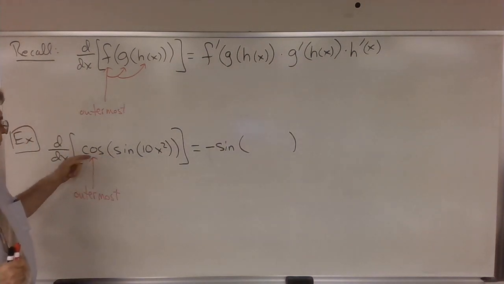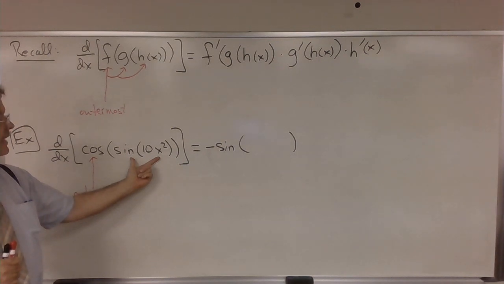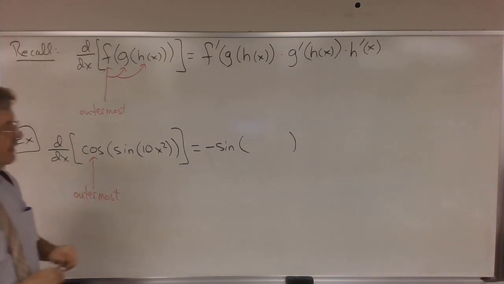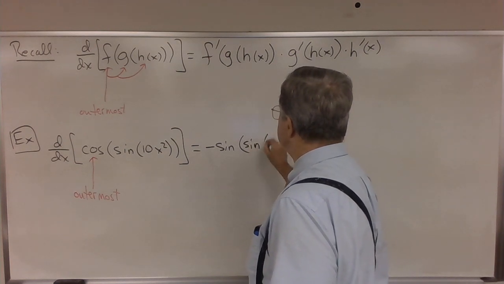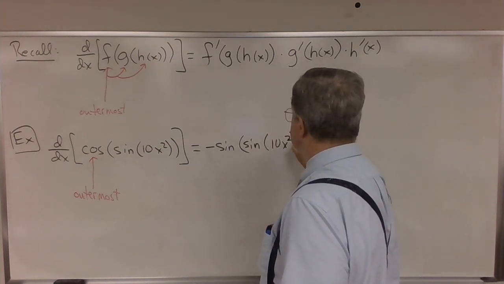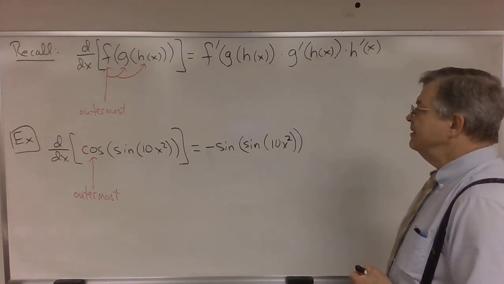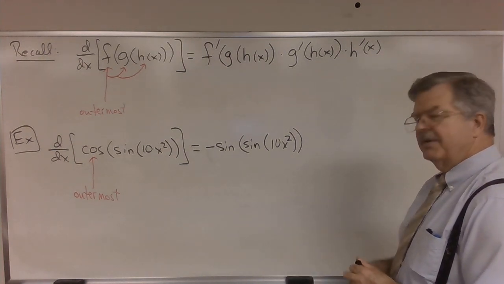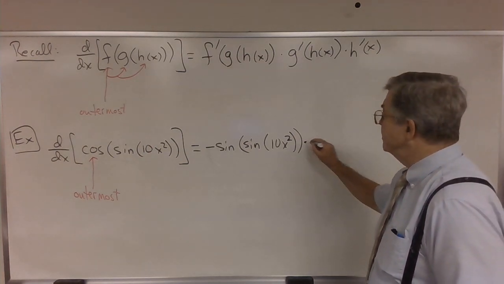And we take the derivative of the outermost function and evaluate it at everything inside of it: sine evaluated at 10x squared. Are we done yet? No, not by a long shot.